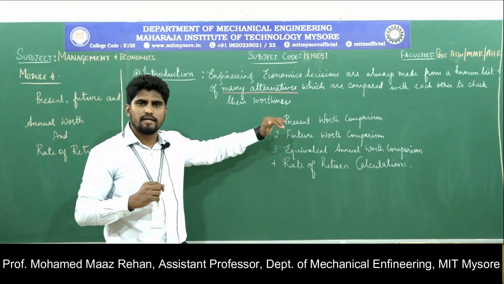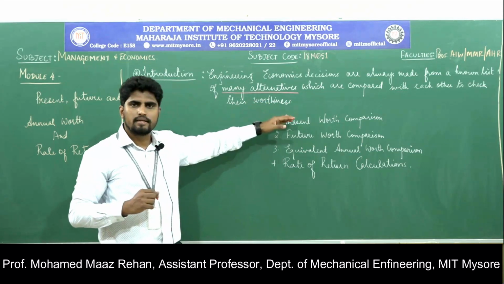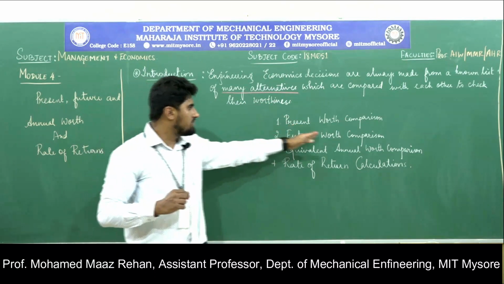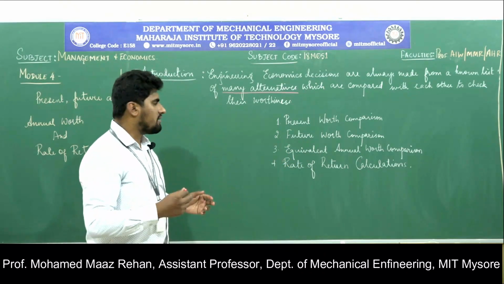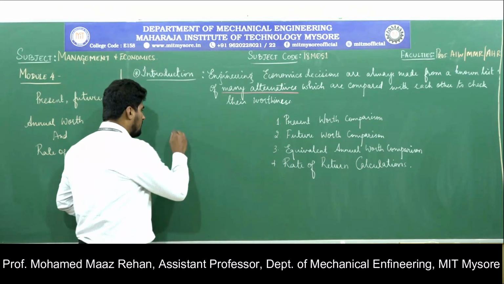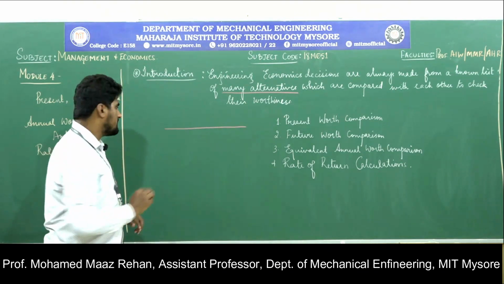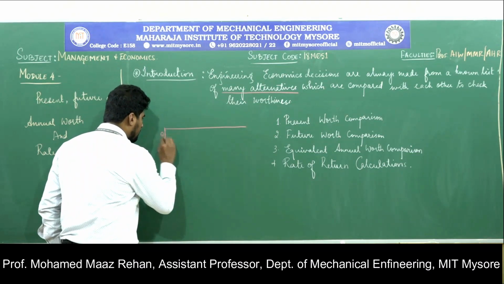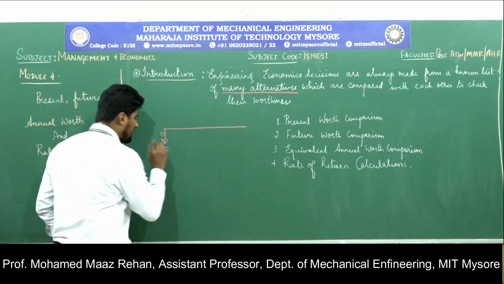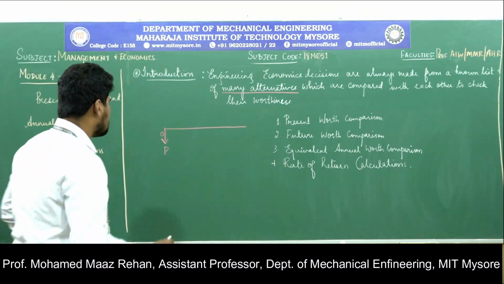What is the procedure, how to solve the present worth comparison? If you understand the present worth comparison, it is similar to the future worth comparison and equivalent annual worth comparison. We discussed the cash flow diagram in the previous classes, right? So this is at time 0. Here it is P. P is nothing but your present amount, right?